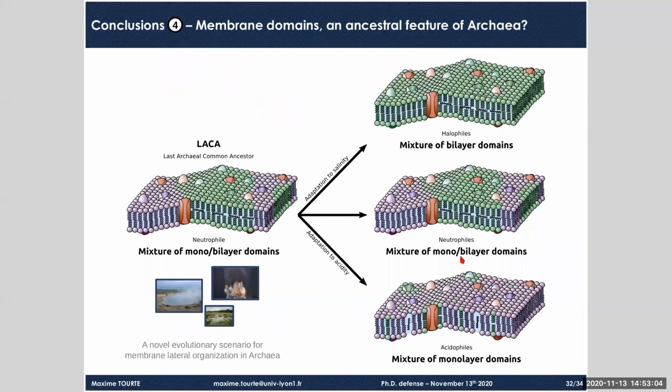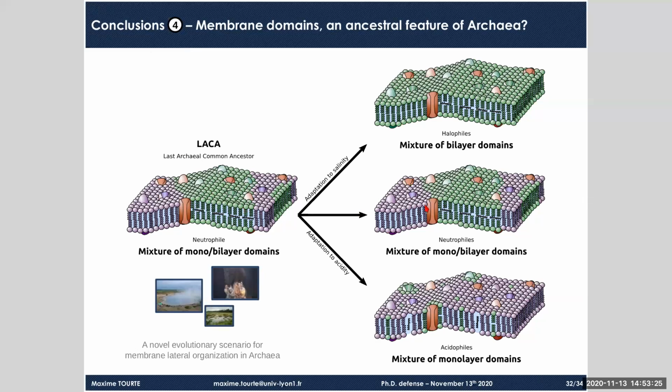So putting all our data together, we could elaborate a new scenario for the evolution of the membrane architecture in Archaea. As I said, the membrane organization suggested for Thermococcus barophilus seemed to be quite an ancestral state of the archaeal membrane.